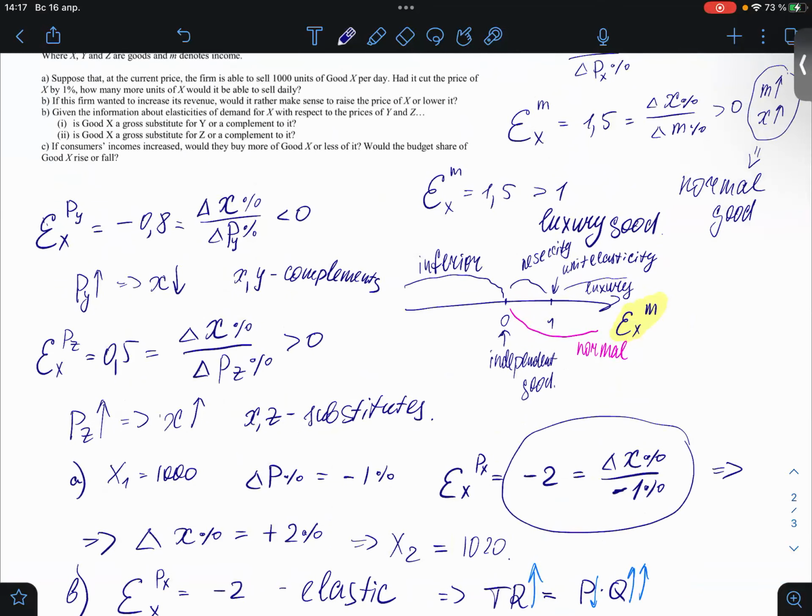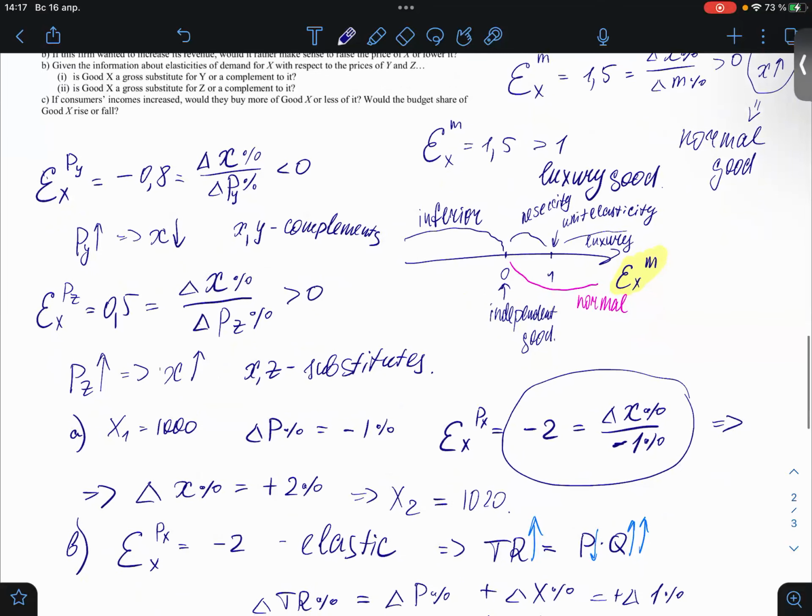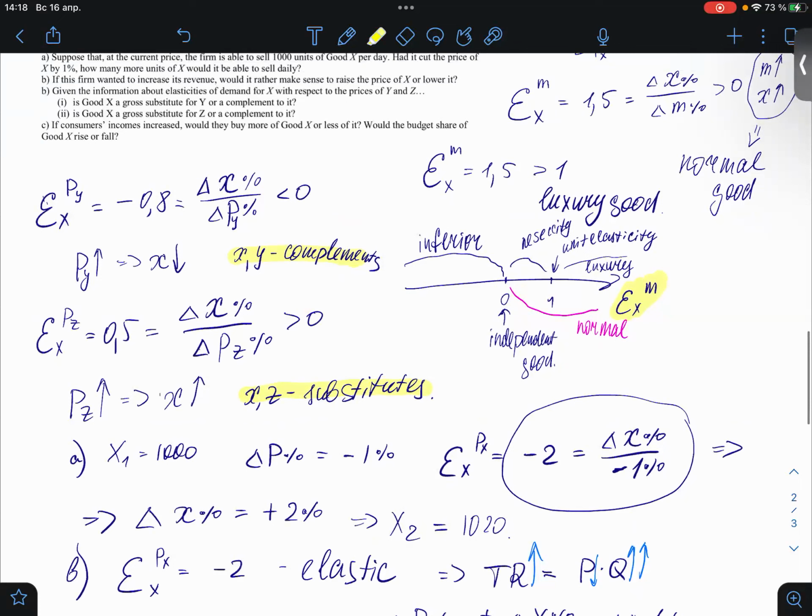Next, point C. Given the information about elasticities of demand for X with respect to the price of Y and Z, gross substitutes, gross complements, we answered it: X and Y are complements and X and Z are substitutes. Good.